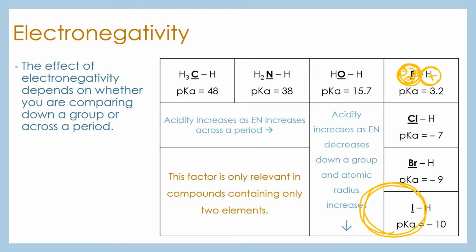But by the time you get down to massive iodine, the valence electrons and the negative charge of the electrons is being spread out across a much larger surface area. So that positively charged proton is having a much harder time creating a strong bond to it. So the bond between iodine and hydrogen is much weaker, which means the proton is going to be easier to free and easier to take away.